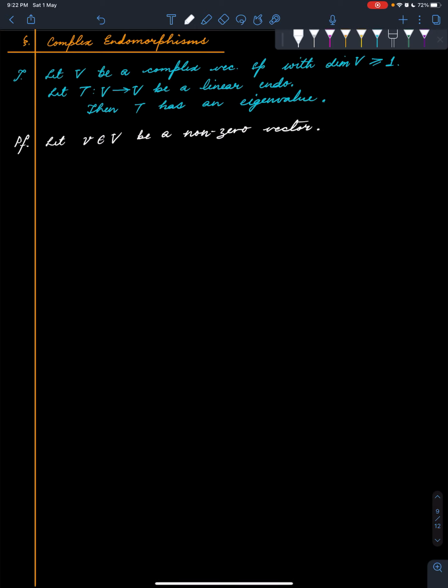Such a vector exists because the dimension of V is at least 1. And let's say the dimension of V is n. It's some n dimensional space, and of course n is some positive integer.